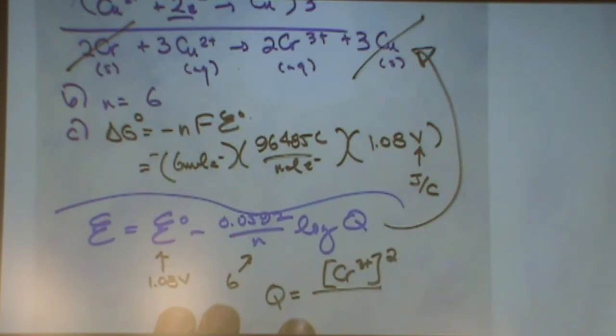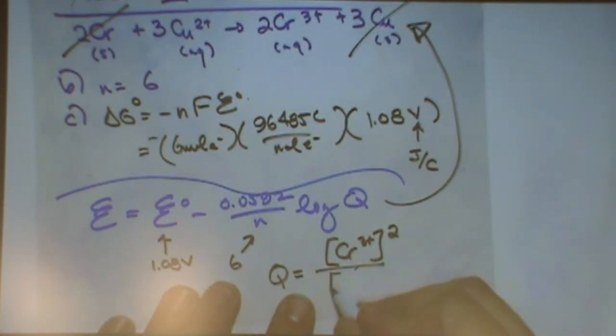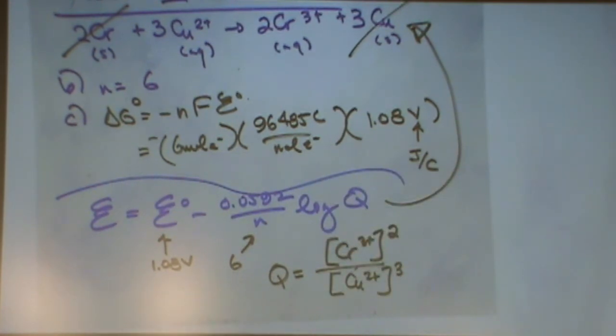There's 2 of them, so I raise it to that exponent, squared. And then in the denominator, which is the reactants, there's a copper 2 plus. That is cubed. So you raise the power to the exponent. In the kinetics chapter, we have not derived where this came from. When we get to kinetics, which is the upcoming unit, we'll actually derive where this equation comes from.